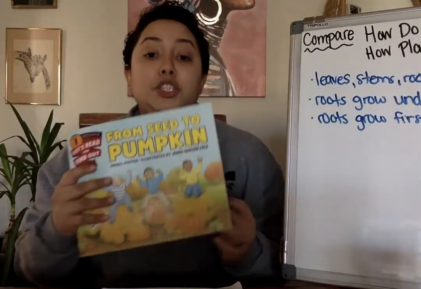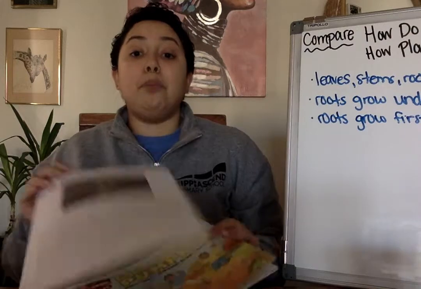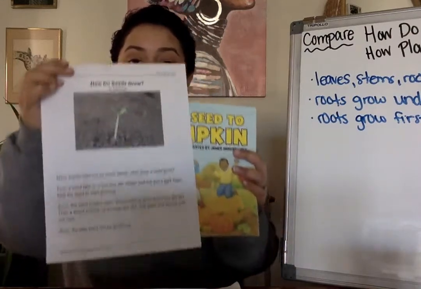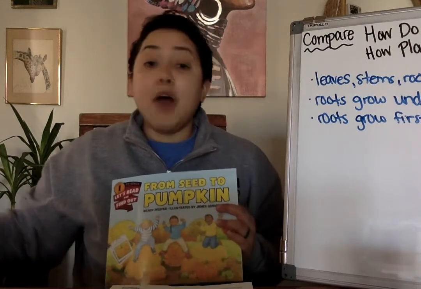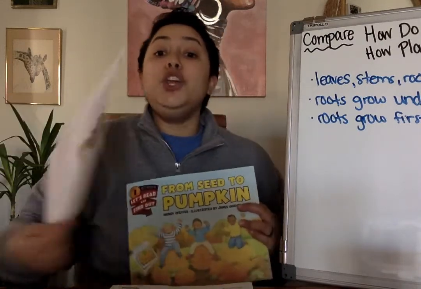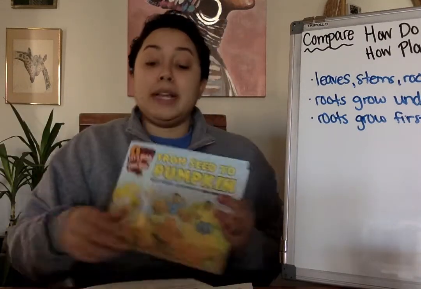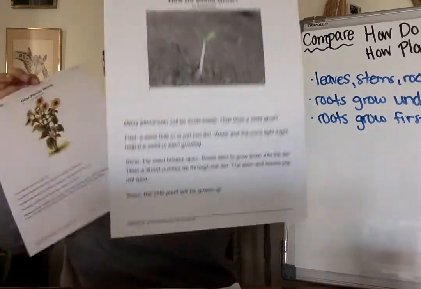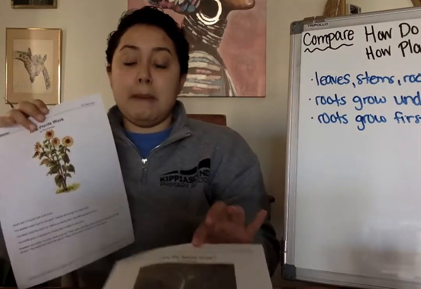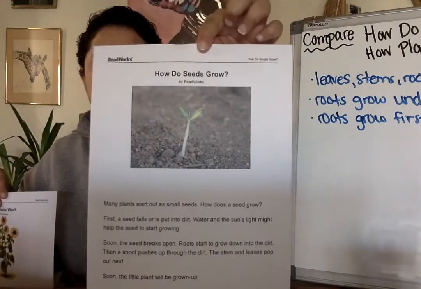Now, we just read these two texts, and we talked about how both of them have some similar things. Now, I'm going to read how plants work, and you are going to talk about how plants work have some of the same information as how do seeds grow. Remember, this one is all about seeds.